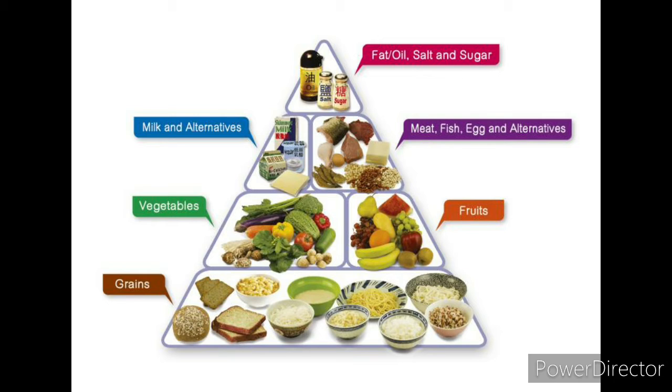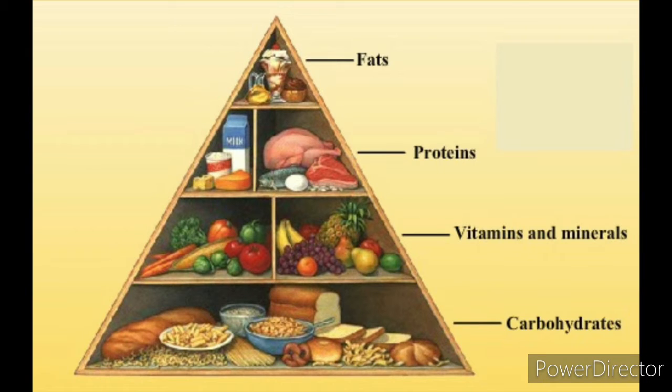Generally, every food item contains all the components of food, but some components may be more while some may be less. We require different quantities of carbohydrates, proteins, and fats according to the age and need of the individual.